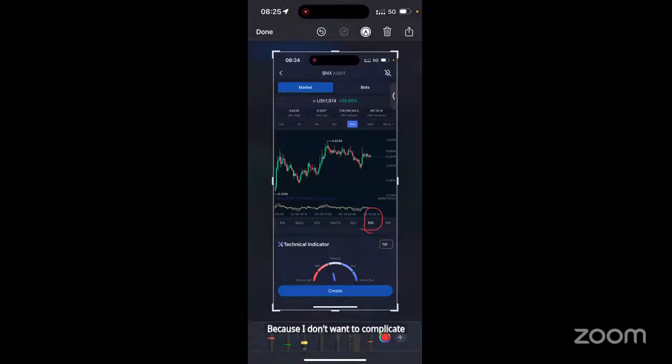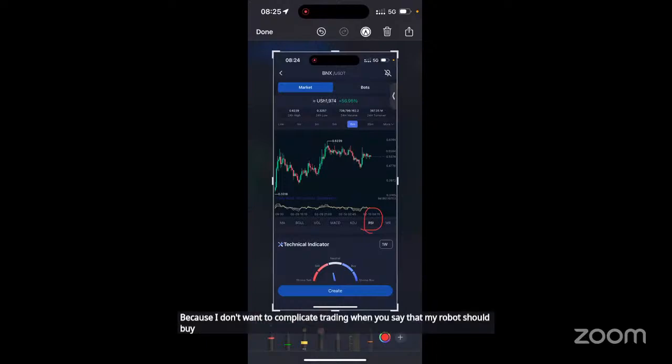When you say that my robot should buy whenever the RSI gets into the oversold area in 15 minutes: when it is oversold, it buys; when it is overbought, it sells.